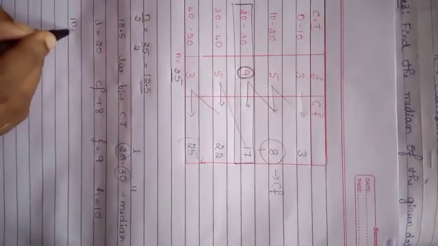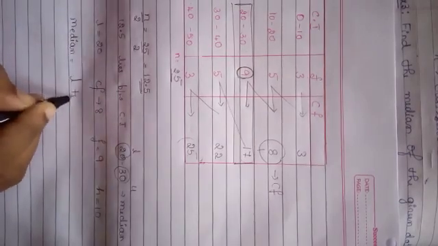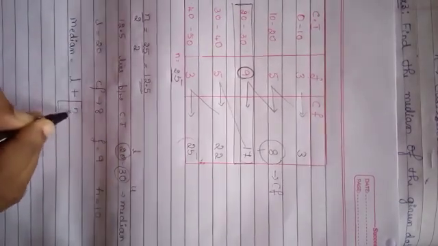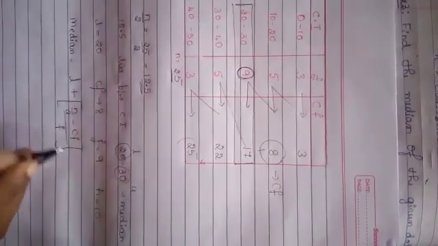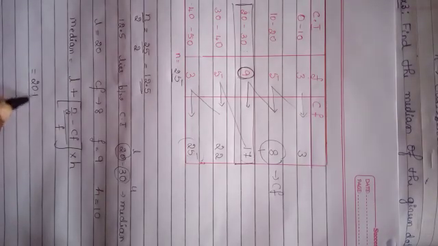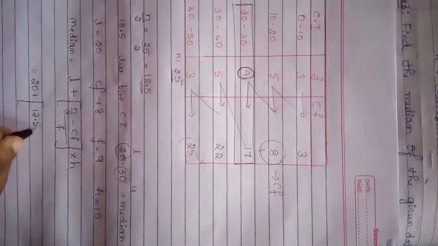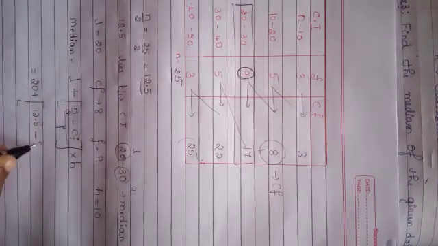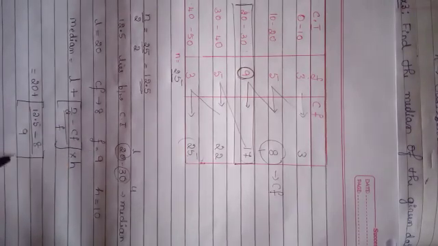Now to find the median, we write the formula: L plus (n by 2 minus CF) divided by F, into H. L value 20, plus n by 2 is 12.5, minus CF is 8, divided by F value 9, into 10.